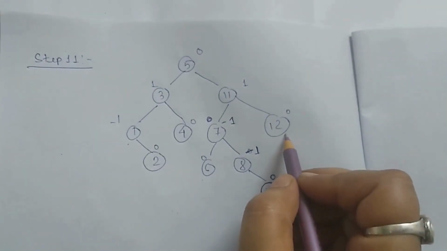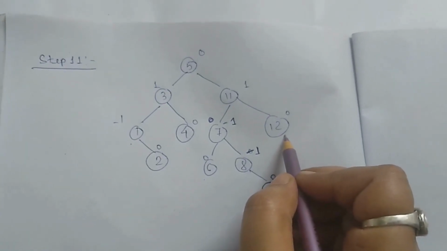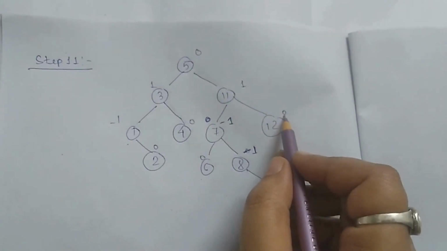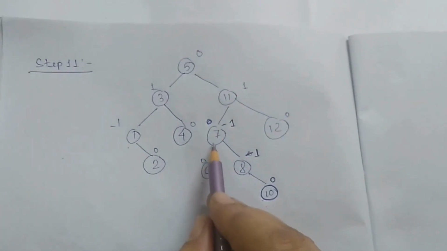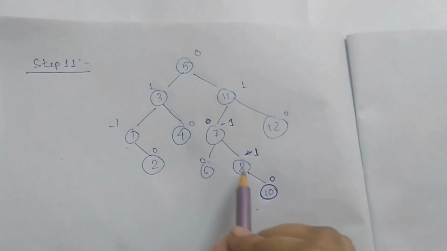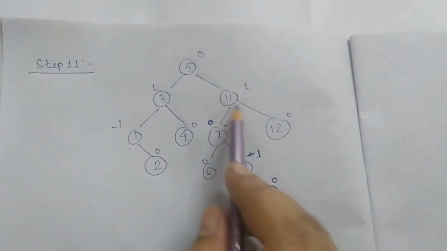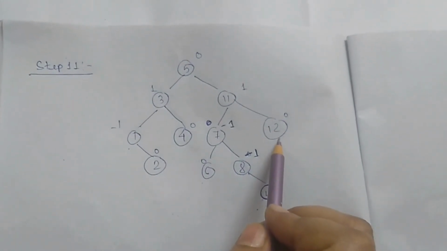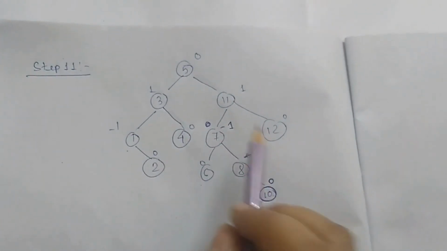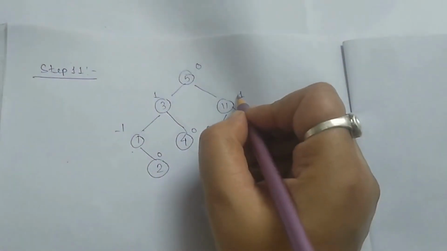Again we consider the 12 node, there is no left subtree as well as right subtree value, so the value is 0. If we consider the 11 node, here we consider the maximum length, so the maximum length is 3, but the right subtree value is 1, so 3 minus 1, the value is 2.